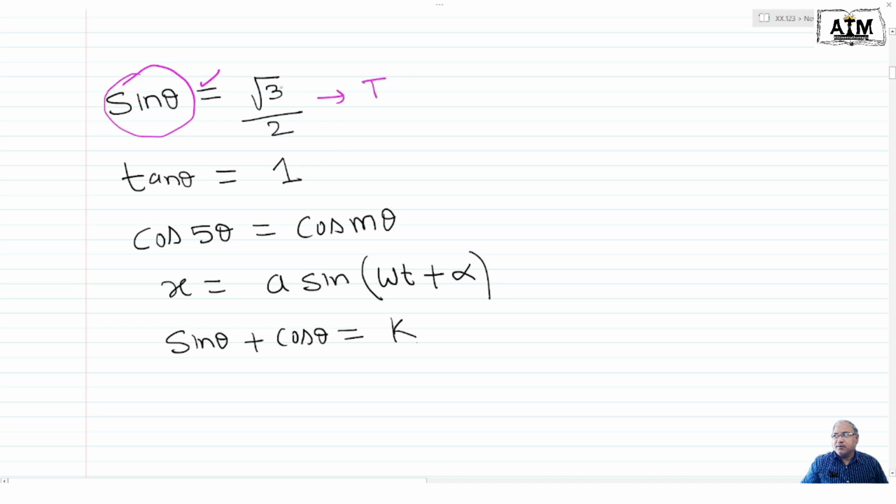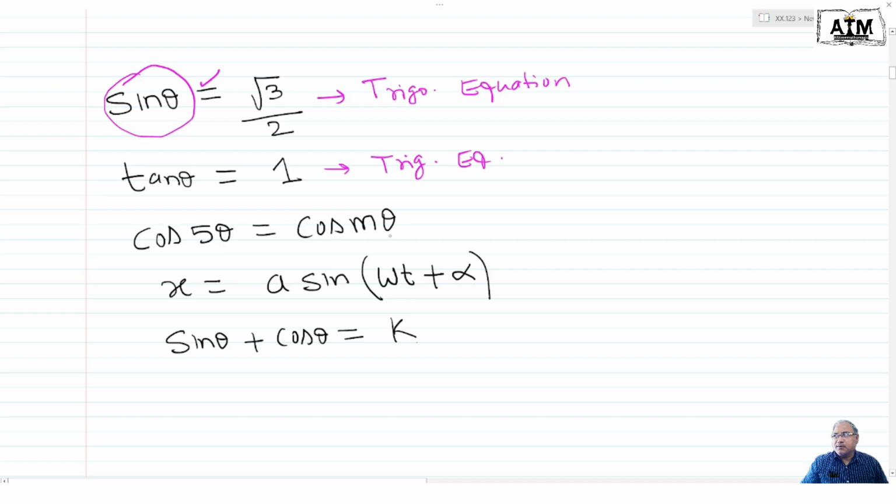So sin theta equals root 3 by 2 is nothing but a trigonometric equation. Similarly, if I write tan theta equals 1, there is a trigonometric function equals something, with an LHS and an RHS, and a relationship between a trigonometric function and a numerical value. So that is a trigonometric equation.